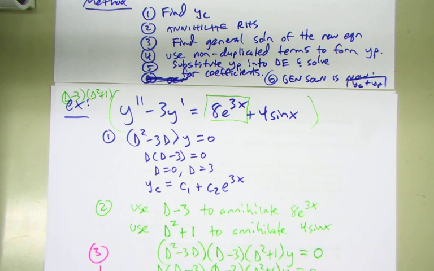And now d squared plus 1 translates to c4 cosine x plus c5 sine x.